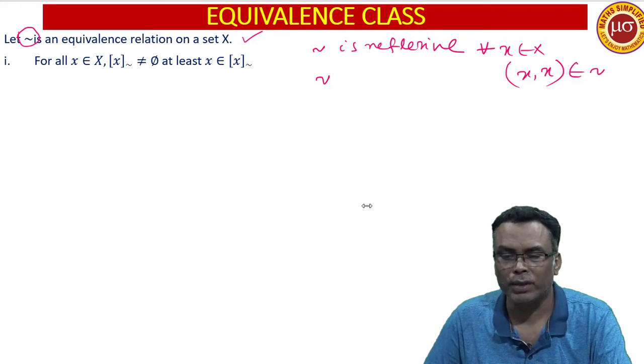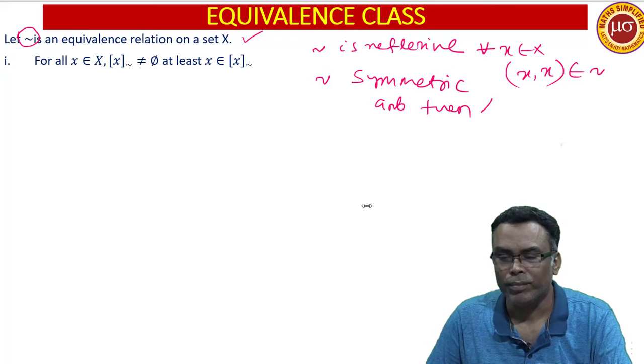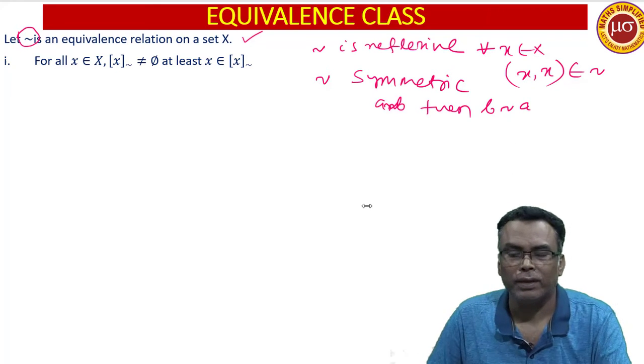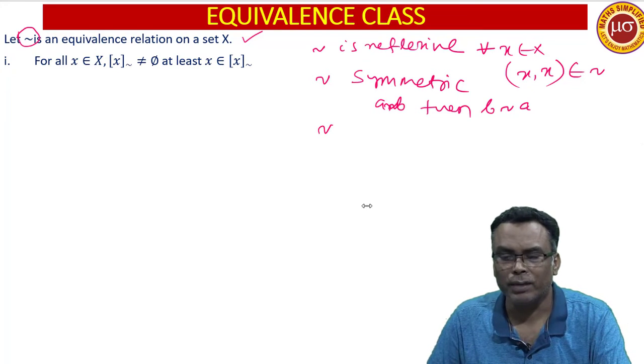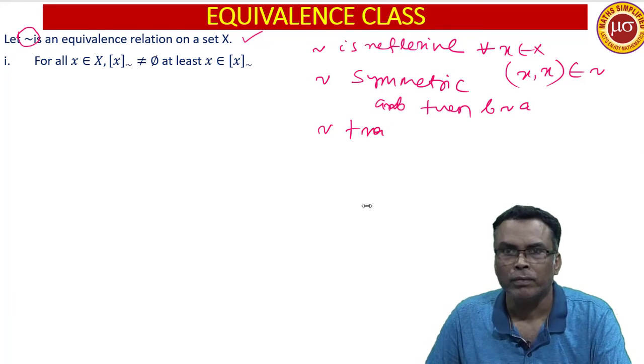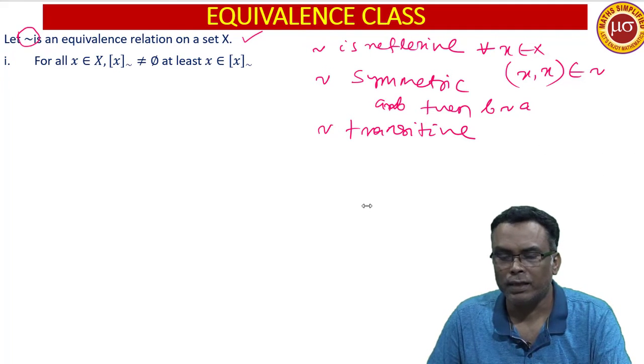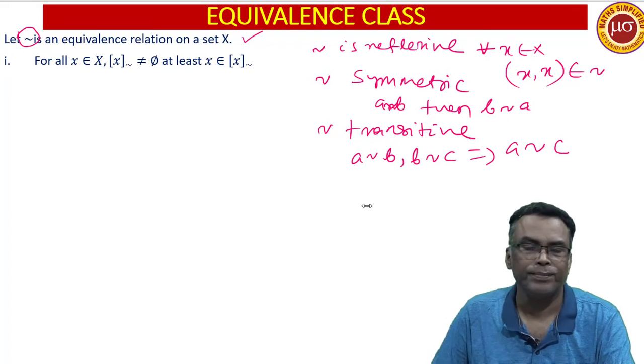Symmetric means if a is related to b, then b is related to a. Transitive means a is related to b and b is related to c implies a is related to c.